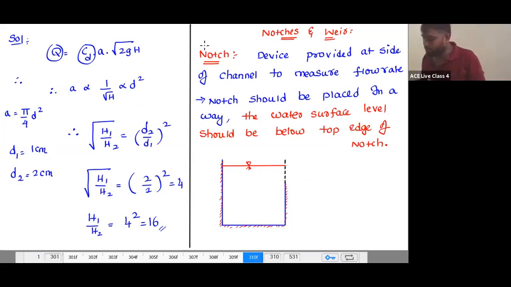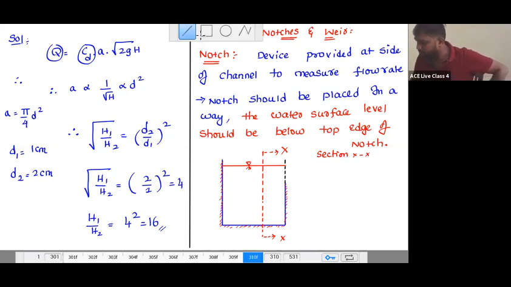Yes or no? Now, if I cut a cross section over here, so now this is section XX. How is this section going to look in the side view?